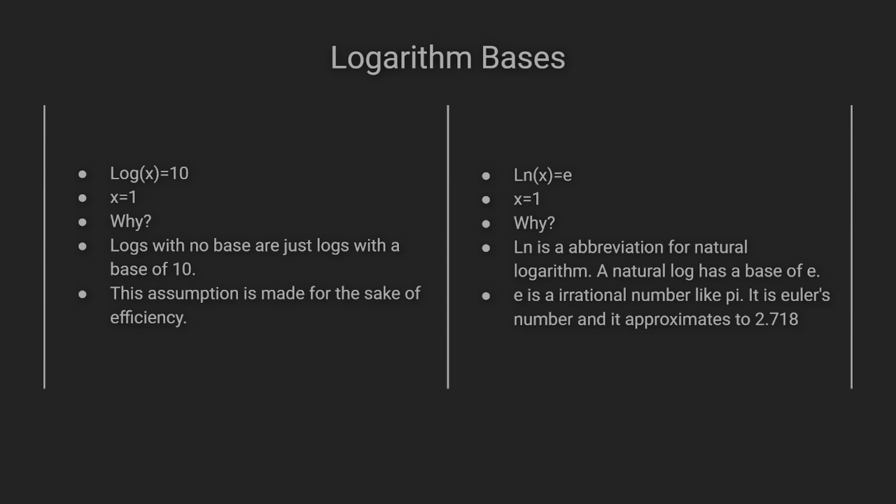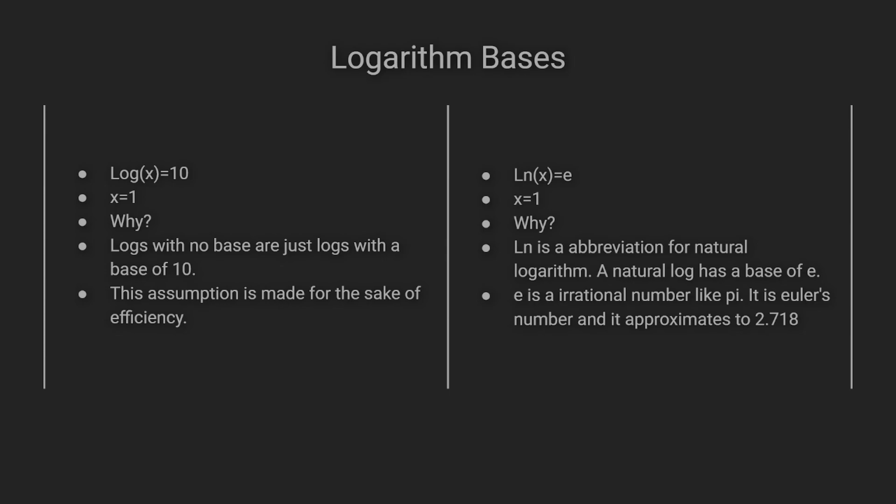In the other case where we see ln with, yet again, no base, and the argument x, in this case, x would equal 1. If we ask ourselves why, well, ln is an abbreviation for a natural logarithm. And a natural log has a base of e. So similar to the example on the left, our given value, or exponent, on the right, our e, is the same as the base.